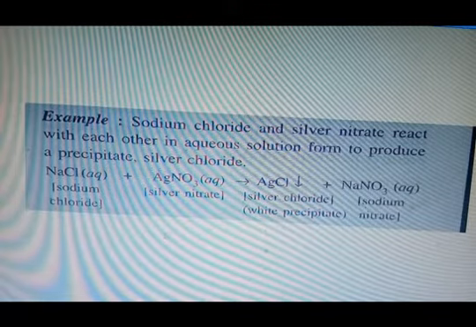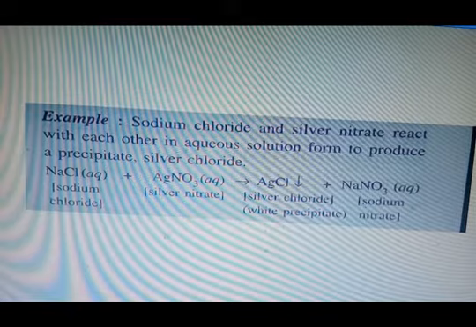Generally we take the reactants in solution form if the reaction does not take place in solid form. So in some cases a chemical reaction occurs when substances are mixed in solution form. This brings the reacting molecules in contact with each other at a faster rate. So this is the reason why we convert the reactants into solution form.